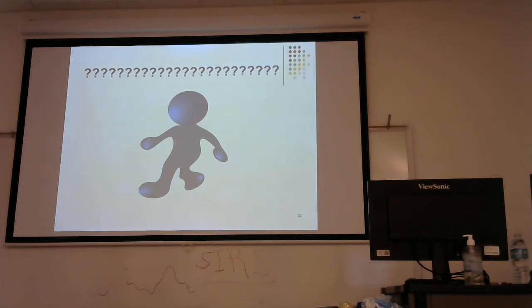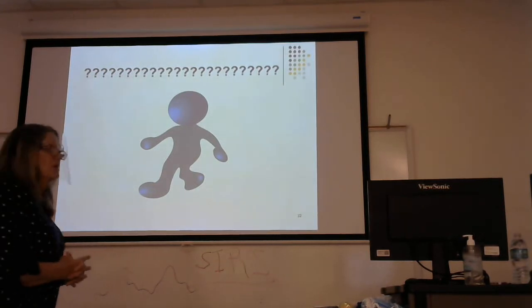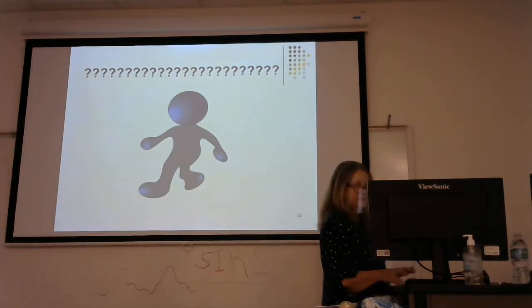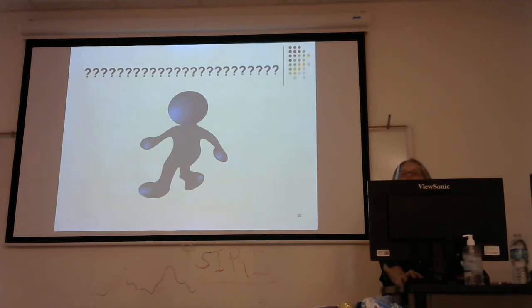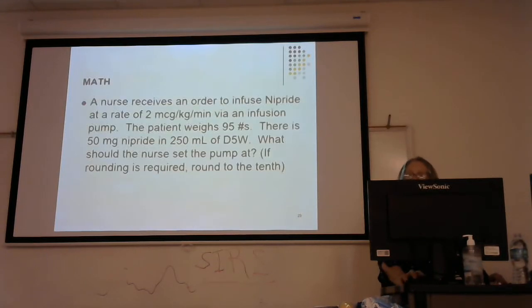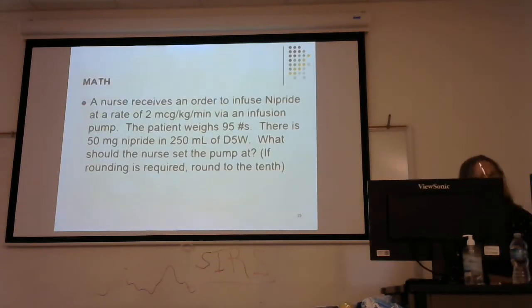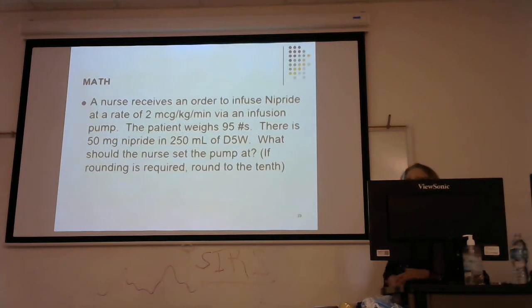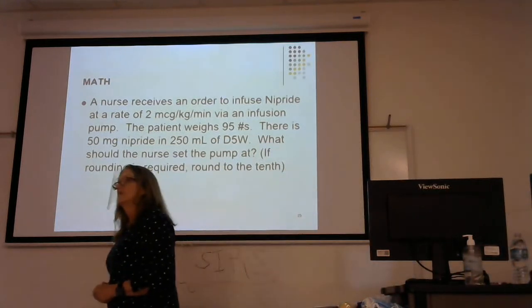Y'all are awesome. Or I am. I don't know. Okay. I have a math problem on the next slide. Anybody working? All right. What'd you get? I got 25.90. Close, I think. Let's see. Oh no, you're right. I was thinking 26, but you are right. Yeah, that's what I got too.